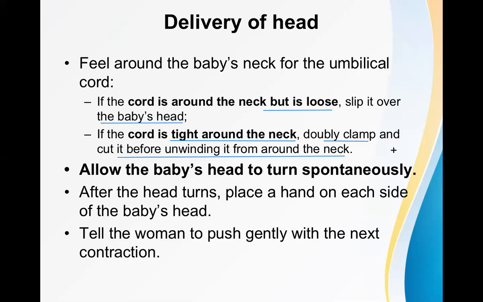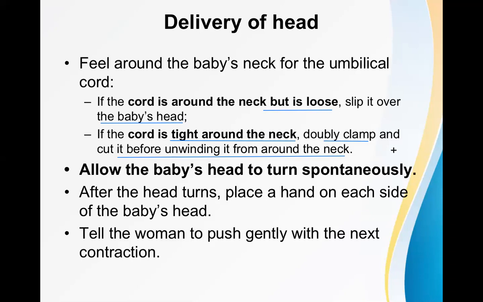Sometimes we cannot even slip it over the head if it is tight. So we have only one option left, and that is to clamp it on two sides with two forceps and cut it in the middle, and then deliver the baby.